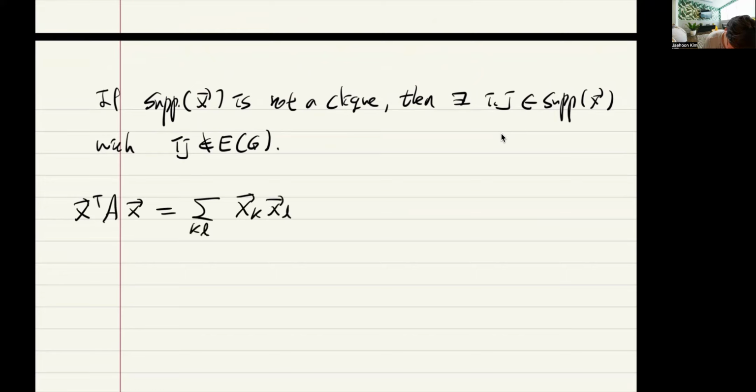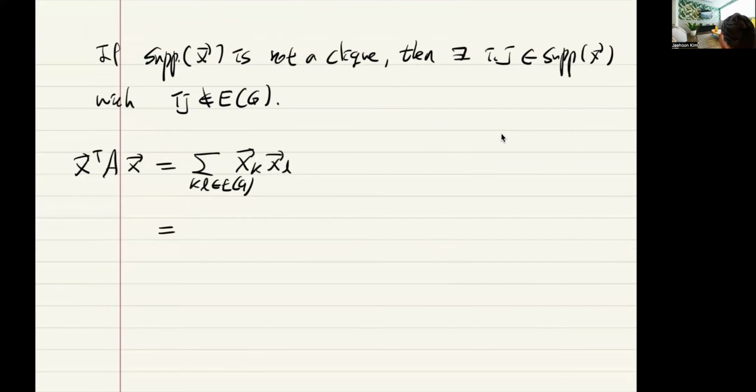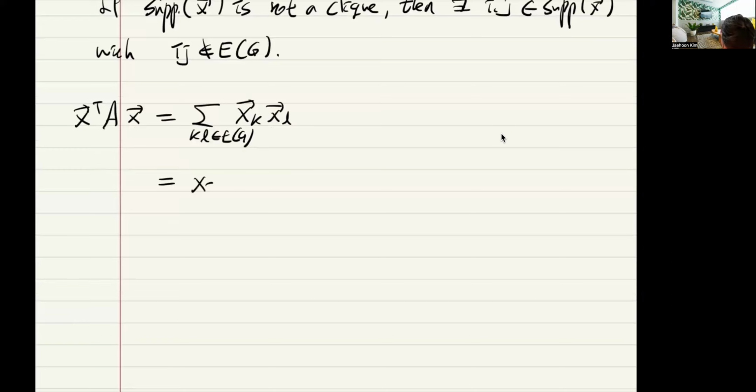You take k and l, which are in here with edges, and you can categorize each term here, which contains x_i and which contains x_j. For all the neighbors of i, you have the term x_i x_l.